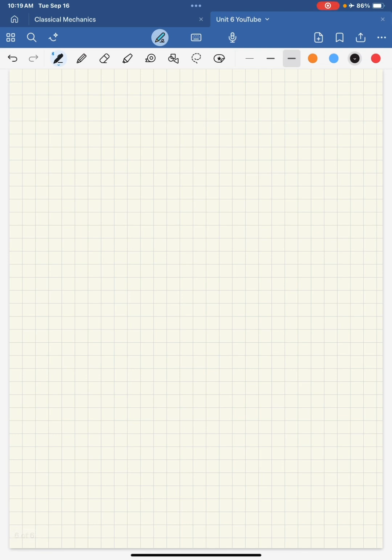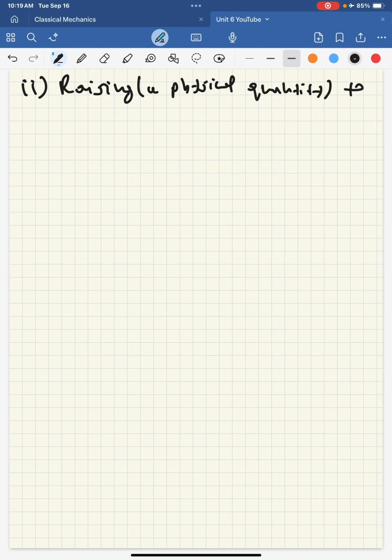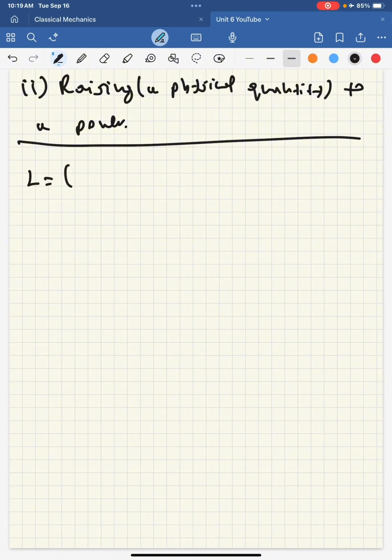All right, second case: raising a physical quantity to a power. Let's say that we measure the length of something and it's 182 plus or minus 0.5 centimeters.